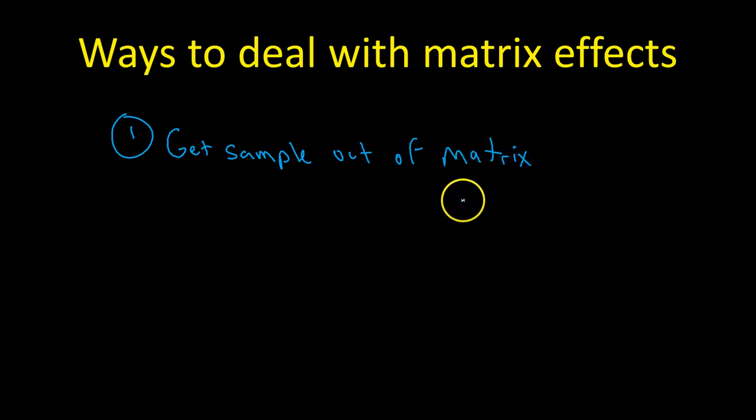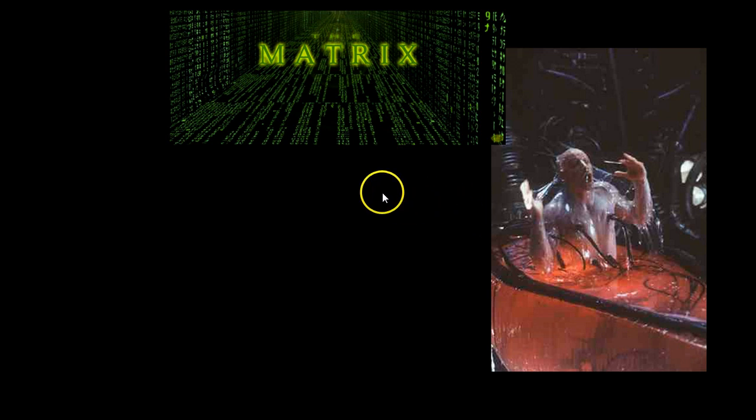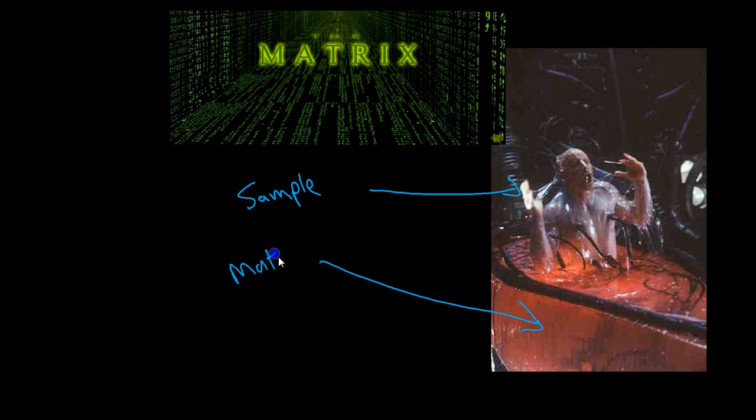This is our representation: this is your sample, and this is the matrix. If you can pull your sample out of the matrix and put it in a better environment, maybe something where it won't influence your measurements, then that's a win, and that's the best thing to do. But oftentimes you can't, because your matrix may be difficult to remove from your sample, or vice versa, and so you have to come up with some other method.